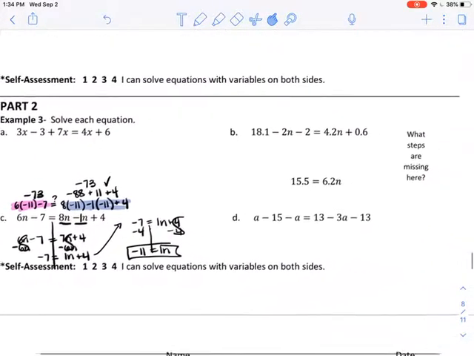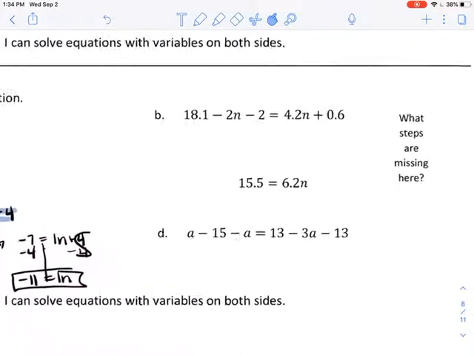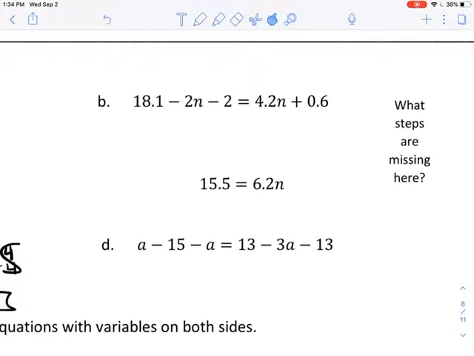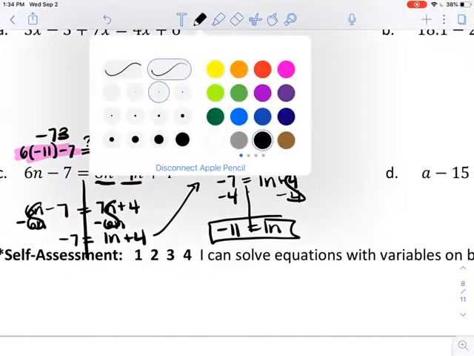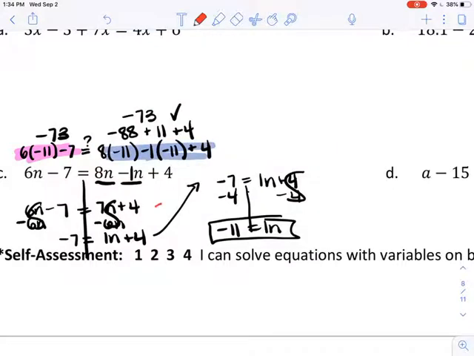Now we're going to go ahead and do example B. Let's remember the steps that we did first. On my first line, what I did was I simplified, and in this case, I simplified by combining like terms. And then I subtracted a variable term.